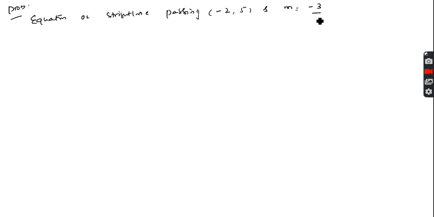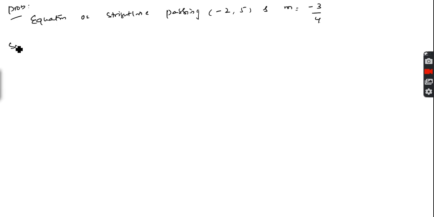The next problem is the equation of straight line passing through (-2, 5) and m equal to minus 3 by 4.